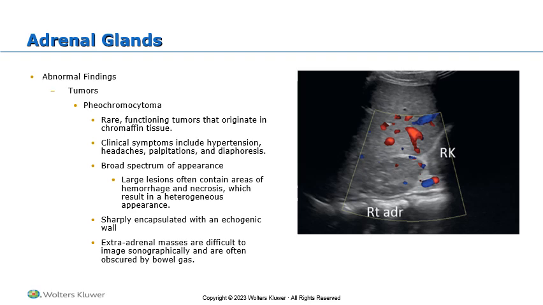So the symptoms of this will include all of those fight or flight responses: hypertension, headaches, palpitations, diaphoresis, anxiety, all those things that you would associate with feeling the fight or flight response, except it wouldn't end. These can have a wide range of appearances, so it's going to be very dependent on the clinical symptoms and then probably biopsy results to diagnose this.